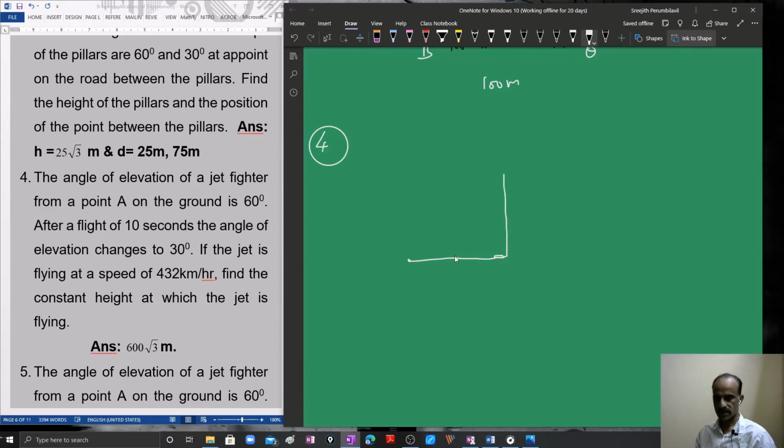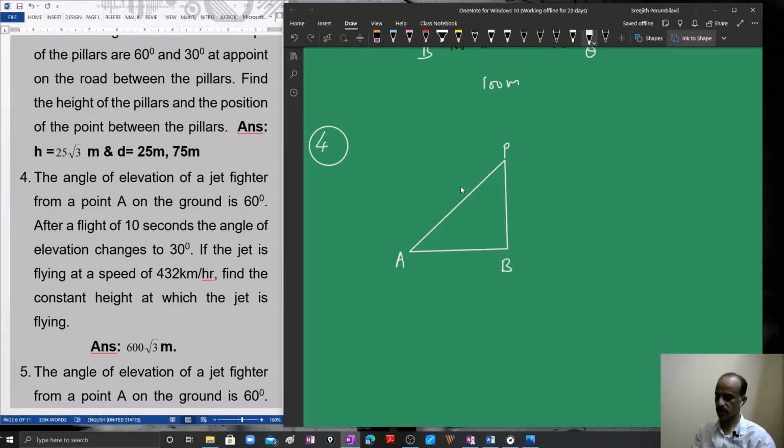So the angle of elevation of a jet fighter from a point on the ground is 60 degree. Let A be the point, and P is the position of the aeroplane.